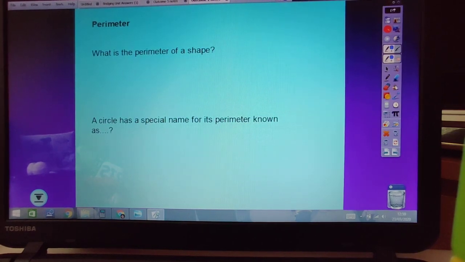So, let's go back to what everything is. What is the perimeter of a shape? Perimeter is all outside edges added together.